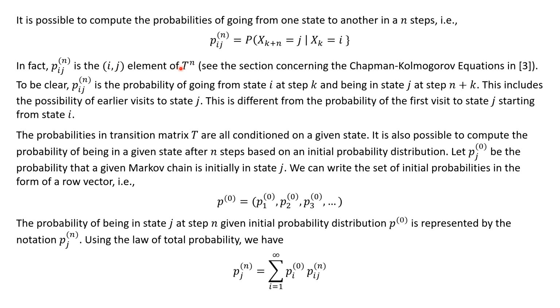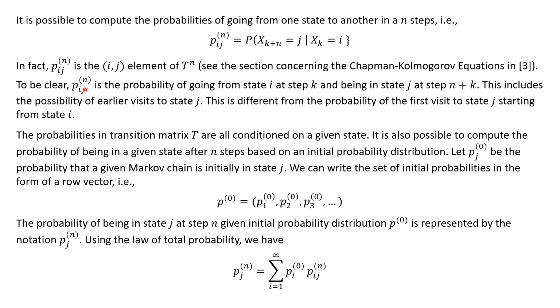T was the transition matrix. You can prove that if you raise this to the n power, it gives you the probabilities of moving from one state to the other in n steps. That's something called the Chapman-Kolmogorov equations. I'm not going to prove them here, but I'll give you a reference in the information to this video if you're interested in the details.